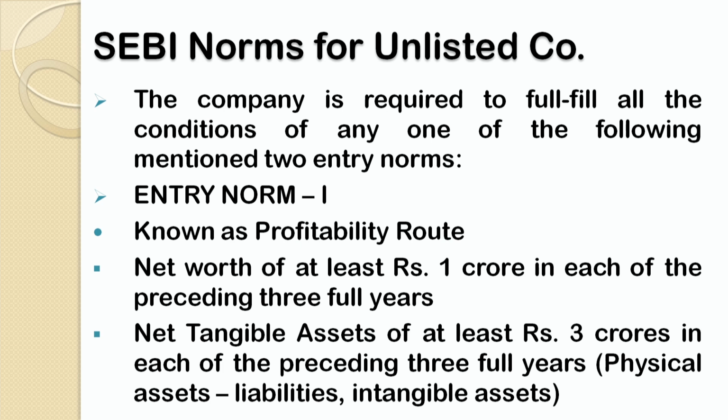As such, there are two entry norms. Suppose an unlisted company has decided to float its public issues in the market, then it has to fulfill all the norms which are mentioned in either entry norm 1 or entry norm 2. That means any one entry norm has to be adopted and all the conditions mentioned under that specific entry norm have to be fulfilled by the company.